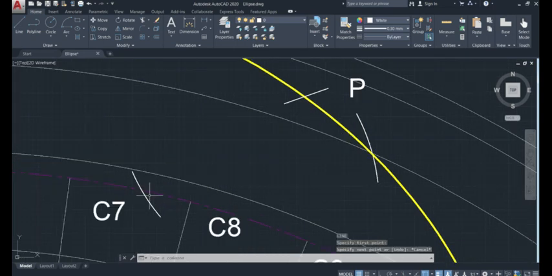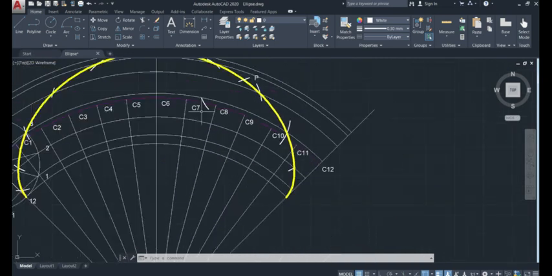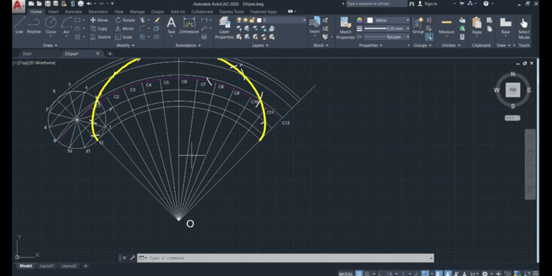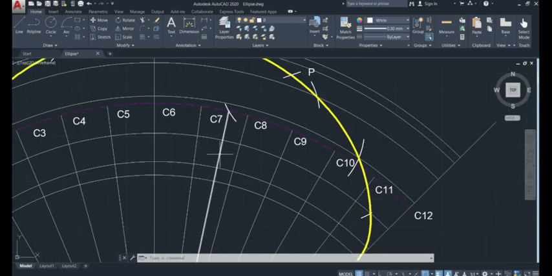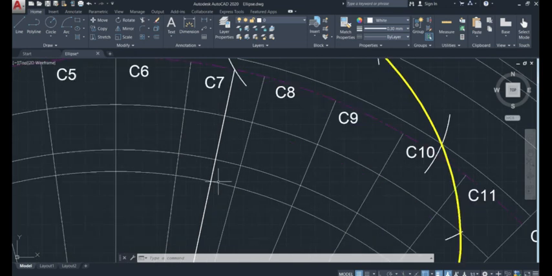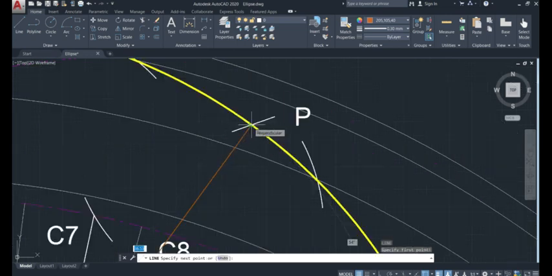Next, it is needed to draw a line which is connecting the intersection here and the center of the sector O. Now this particular line is intersecting the directing circle here at this point, so it is needed to join this intersection here with the point P here.